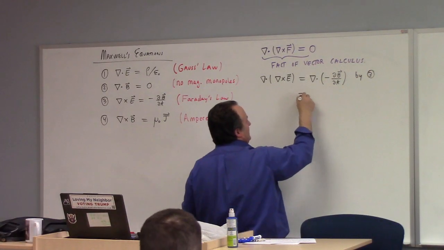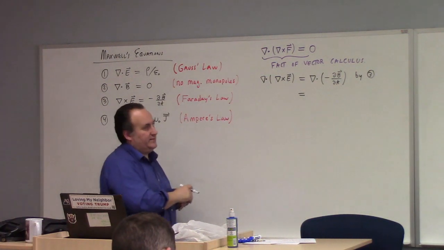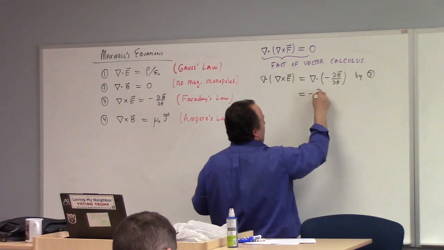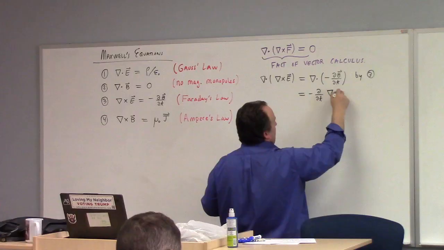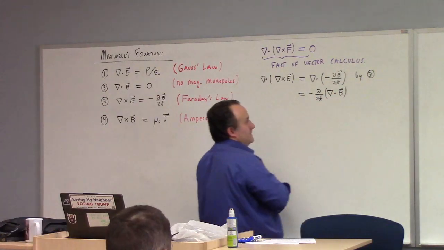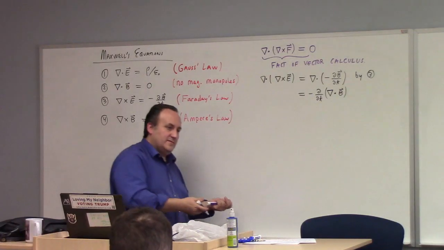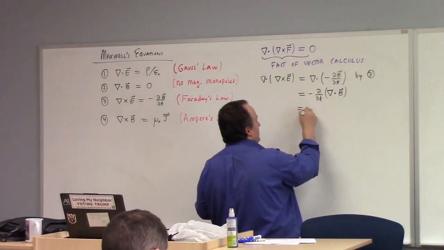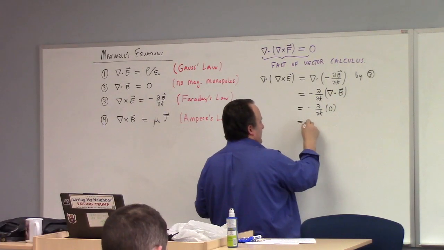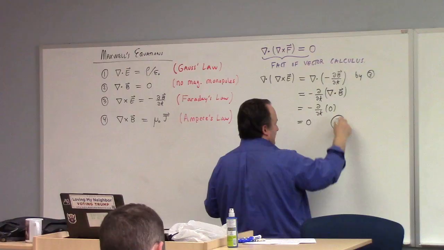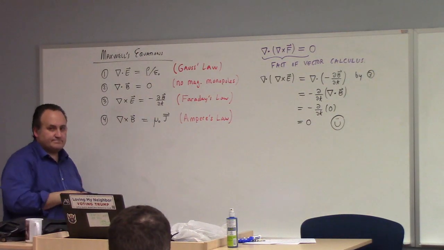And then because we can commute partial derivatives, this is minus the time rate of change of the divergence of the magnetic field. But there are no magnetic monopoles, right? So this is 0, and so we have 0, and so yay. No trouble there, right?